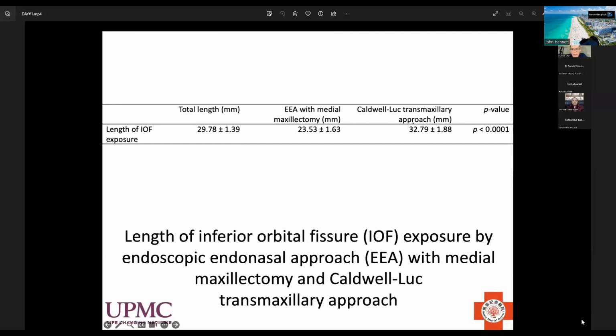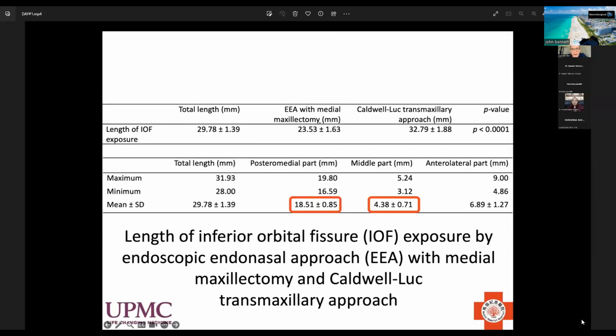So we can see the length that we can expose is significantly longer by the Cartwheel lock transmaxillary approach, and we can even expose longer than the total length of the inferior orbital fissure. It means we can go more lateral to the lateral limit of the inferior orbital fissure.